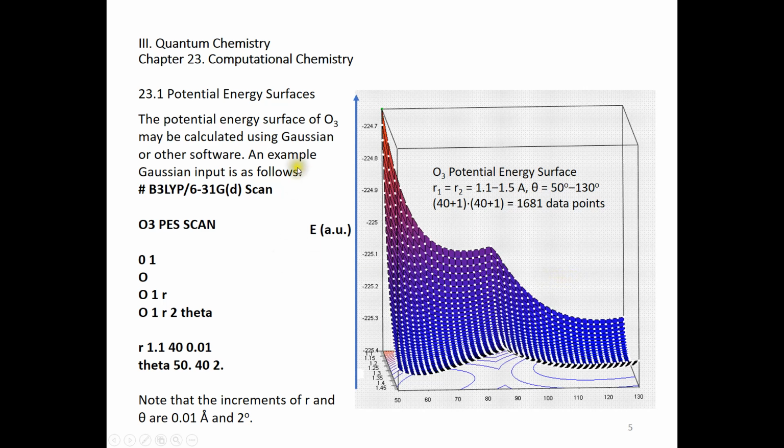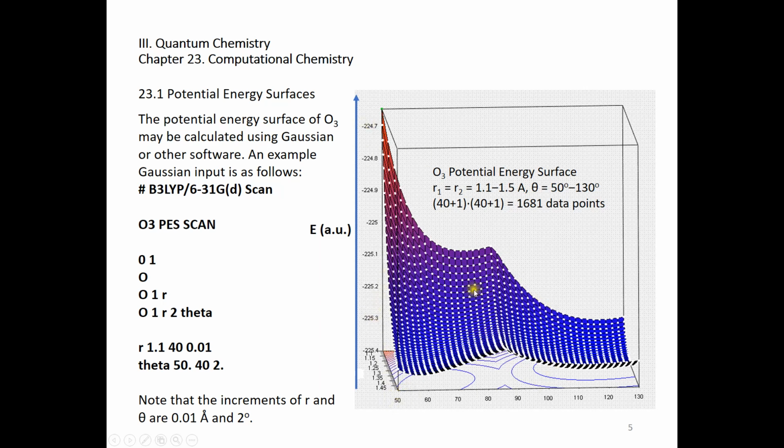So by having the two oxygen-oxygen bond distances equal to each other, we have only two variables. One is the bond distance, one is the bond angle. So we have bond distance right here and bond angle over here from 50 to 130 degrees. The bond distance is from, I think, 1.1 angstrom all the way to 1.5 angstrom.